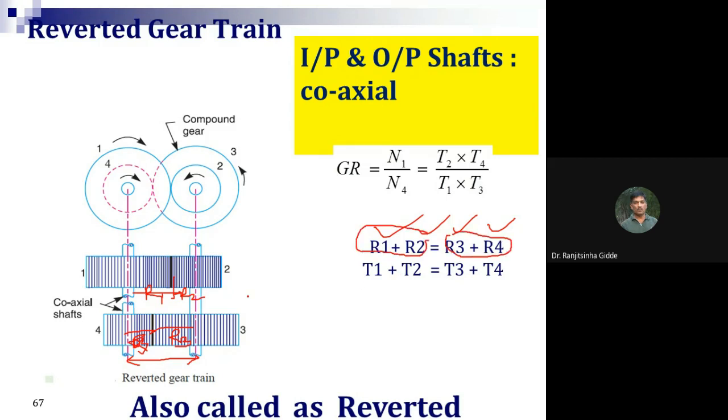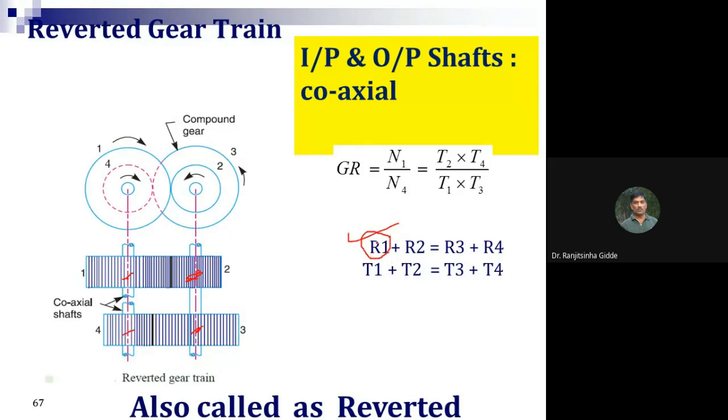So the distance from this point to this point is equal to the distance from this point to this point, and that is written in terms of the radius.